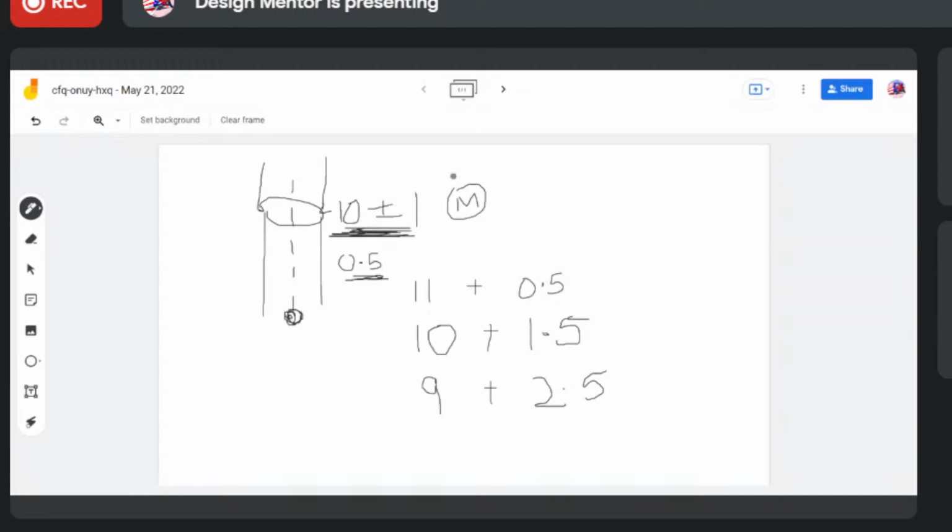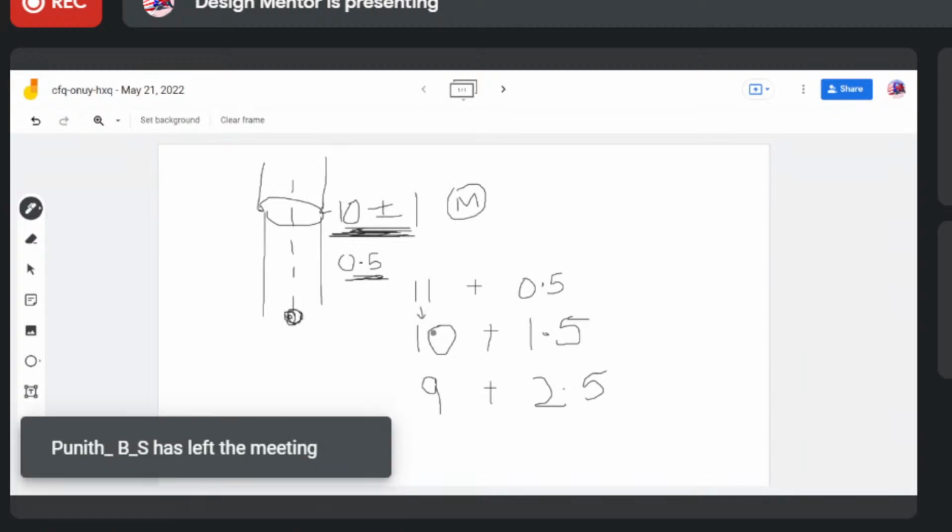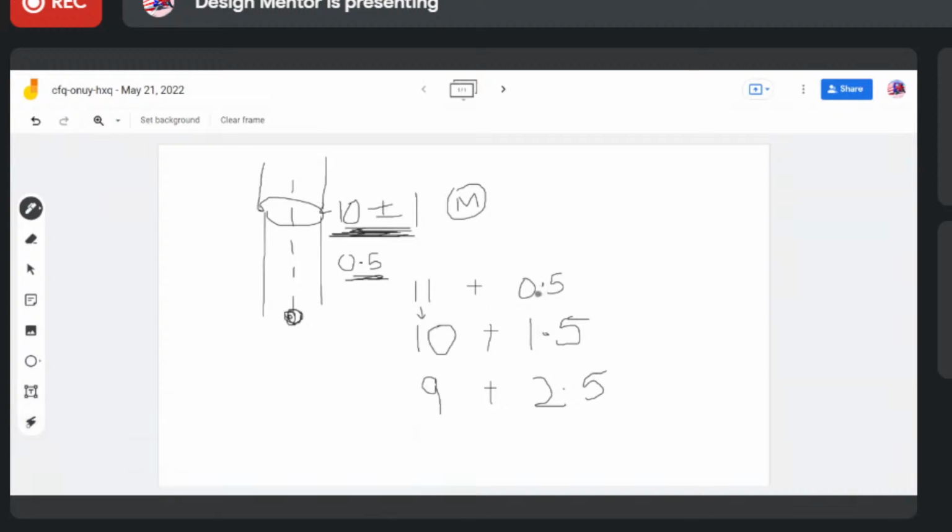If the part is not made at maximum material condition, we add the amount we have moved away. 11 minus 10 is 1, so we add 1 to this positional tolerance of 0.5, and we get a positional tolerance of 1.5.